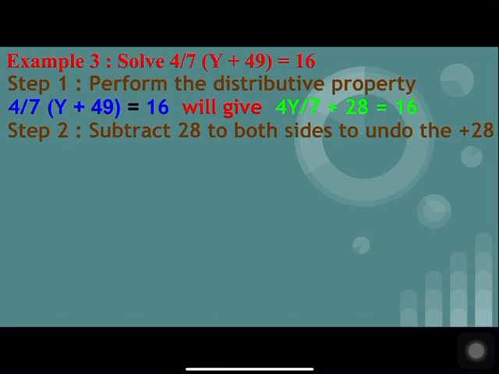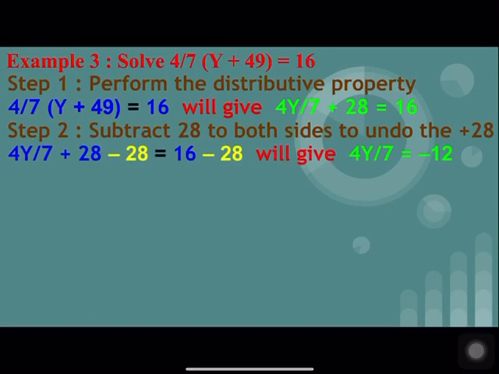The next step is to subtract 28 from both sides to undo the positive 28. Doing that, you have 4y over 7 plus 28 minus 28, which will give us 4y over 7 because 28 minus 28 is equal to 0. And 16 minus 28 will give us negative 12.